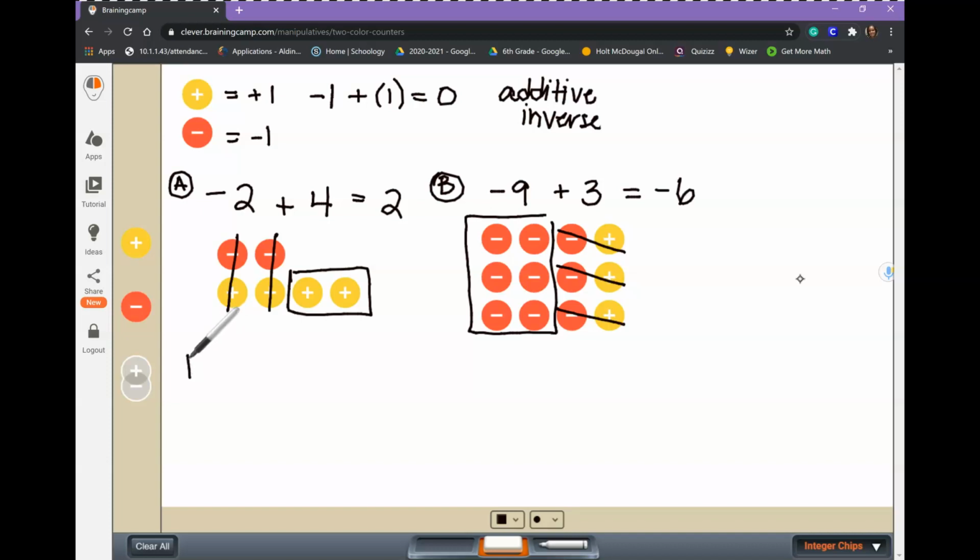Okay, then I have C. I have -4 plus 6. Alright, so I'm going to represent them. So I'm going to say 1, 2, 3, 4. And then I'm going to add 6 positives.